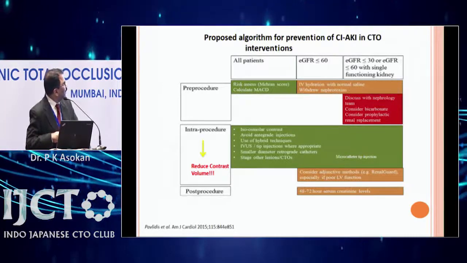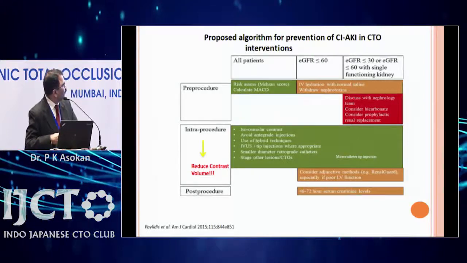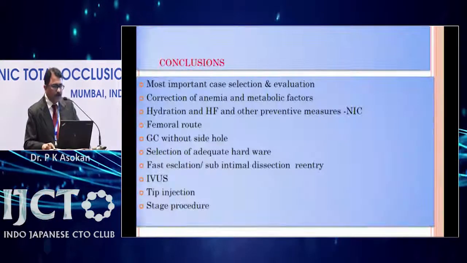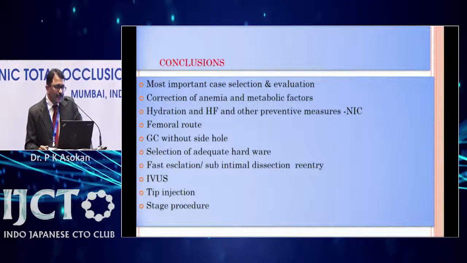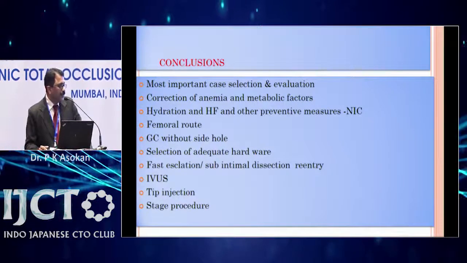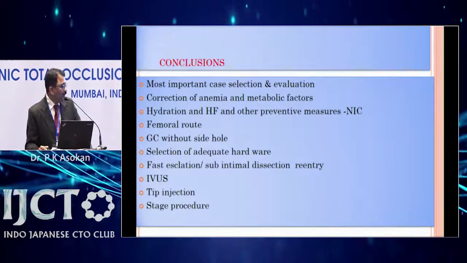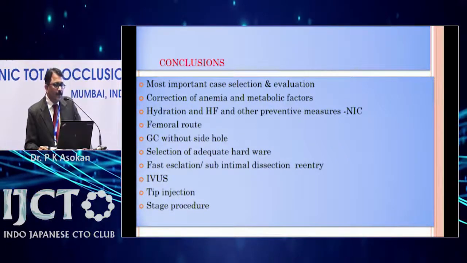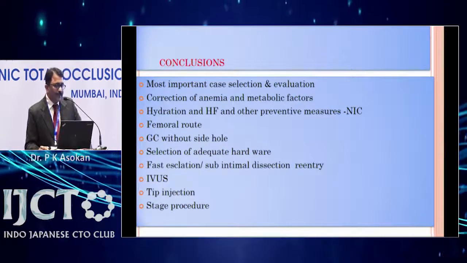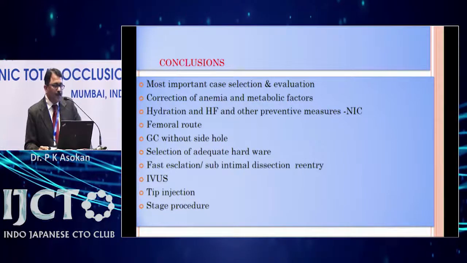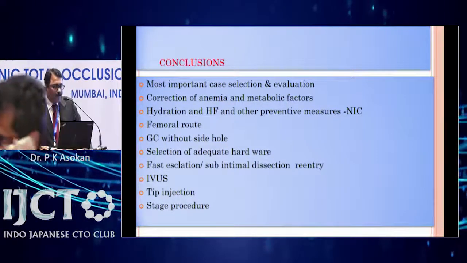And in the procedure, the most important thing is to reduce the contrast volume. So the conclusion, the most important thing is case selection. You should know which case. You should have evidence of inducible ischemia, or you should have viable myocardium, and should evaluate for risk factors like anemia or metabolic parameters, and correct anemia and metabolic factors.